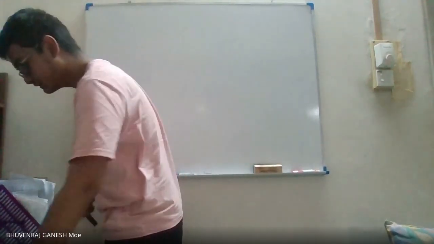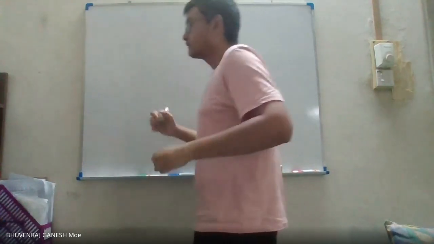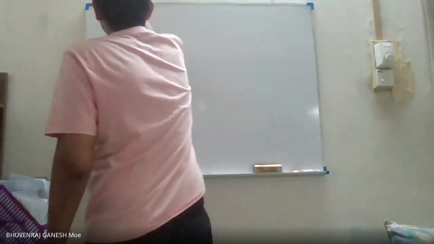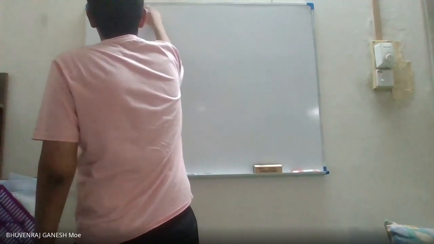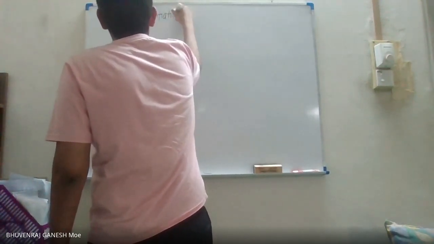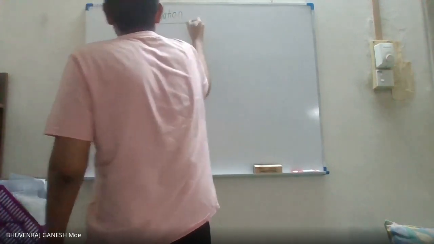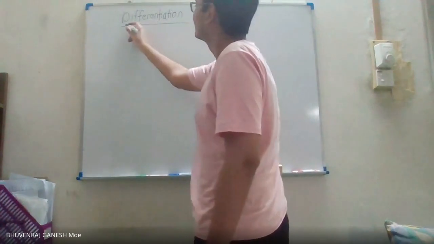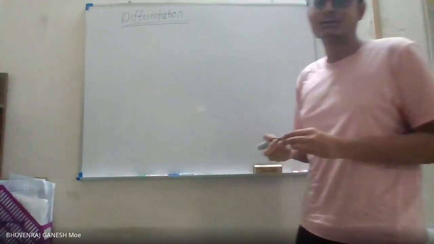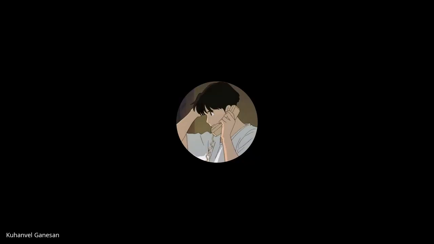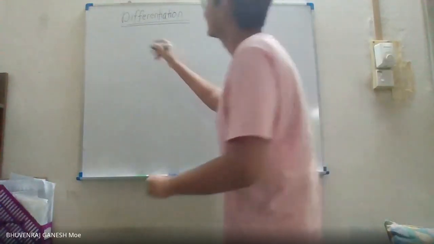Okay, how should I start this? Let's start with the chapter name itself. Differentiation, right? So what can you analyze from this word differentiation? Not mathematically, but the English way. Difference. Yes, correct.